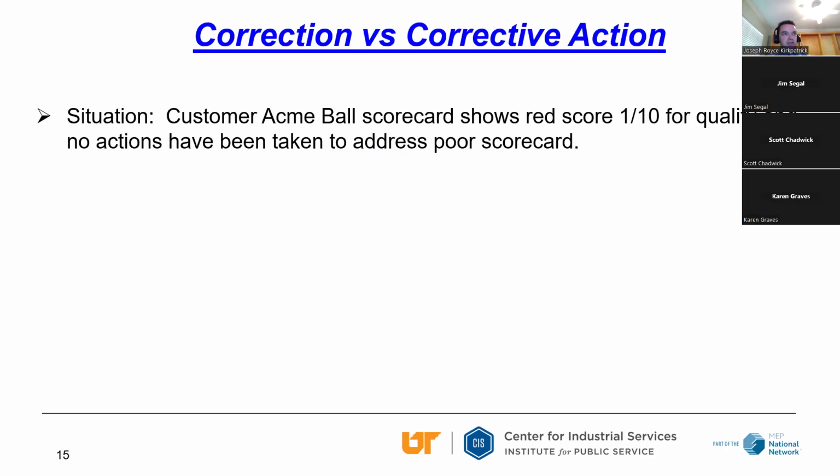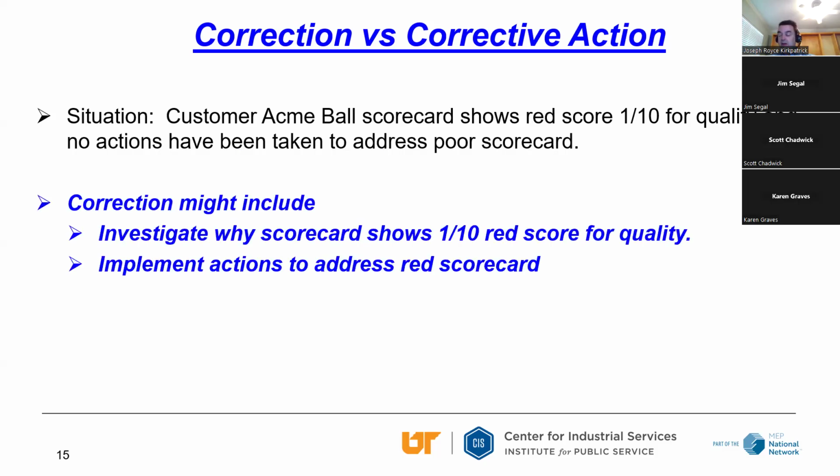Here we got a customer that gave us a scorecard that was red. We got a 1 out of a 10 on quality. And there's been no actions taken to address this poor scorecard. Well, the simple correction is going to be, we're going to investigate why we were red, and we're going to take actions to address that. That's correction. That's correcting what was wrong.